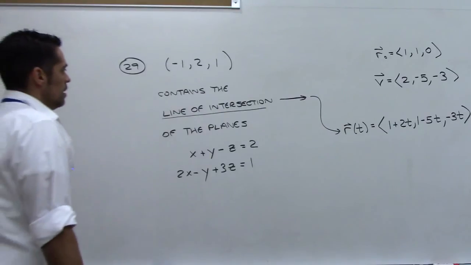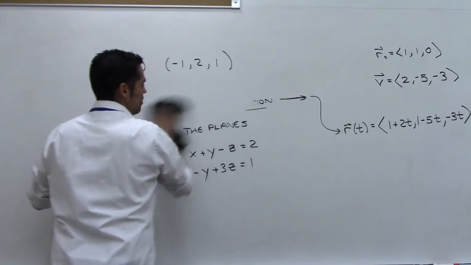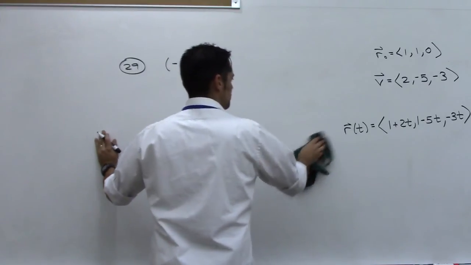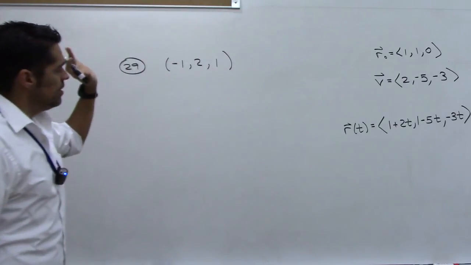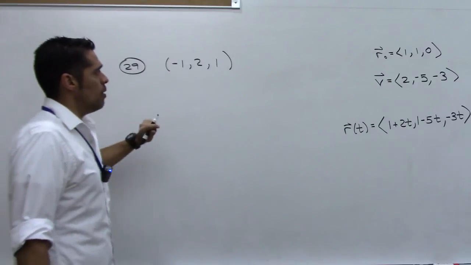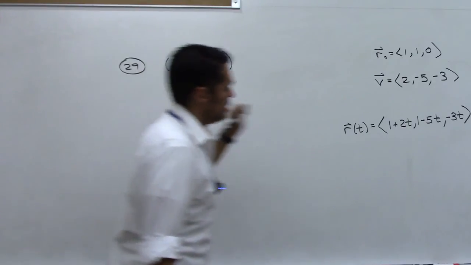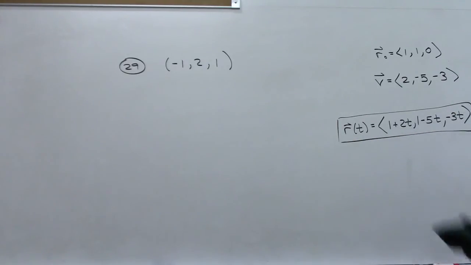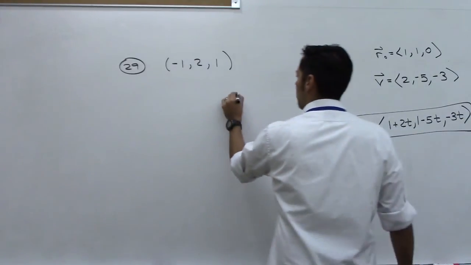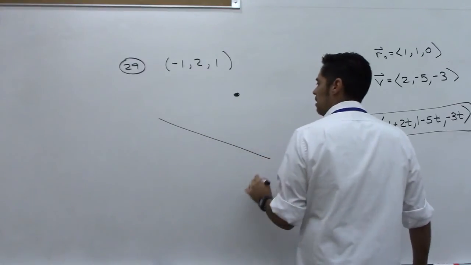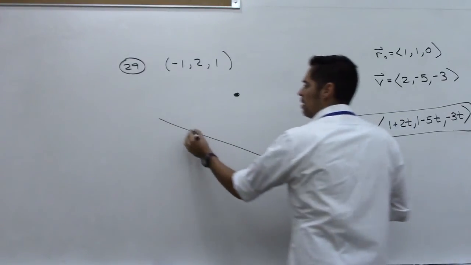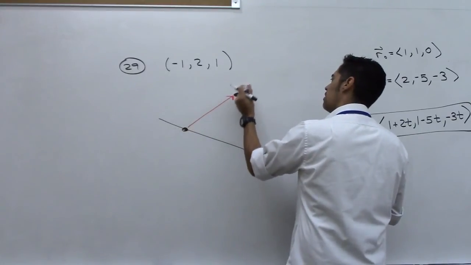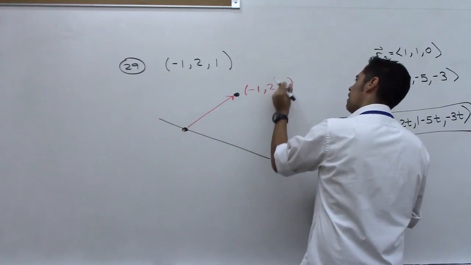All right, so what we can do is we can start this whole problem over. And we can say, find the equation of the plane that goes through that point and contains this line. And now we just do what we did previously. We have a point, we have a line, we find a point on this line, we create a vector that goes from here to here. This is the point negative 1, 2, 1.